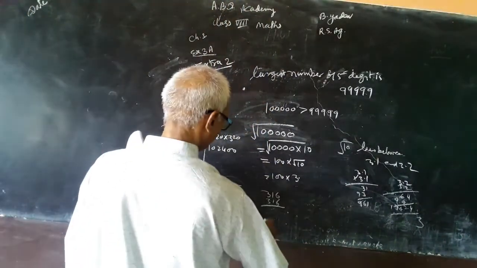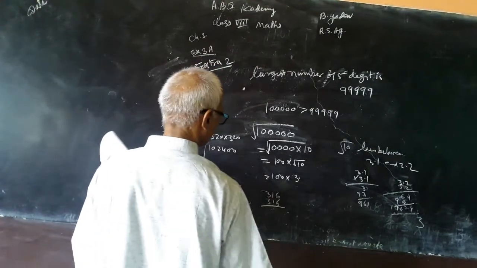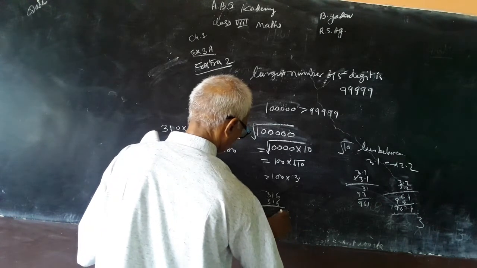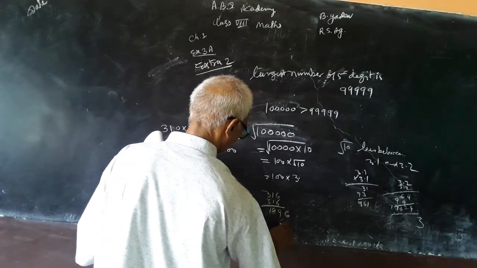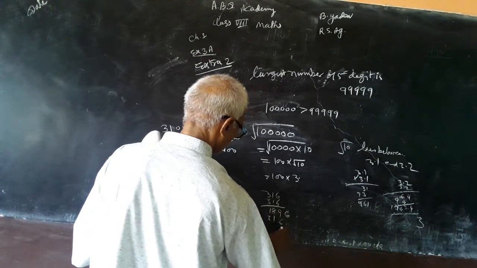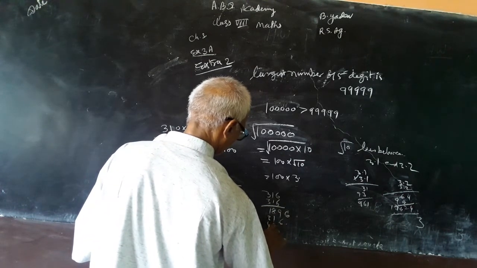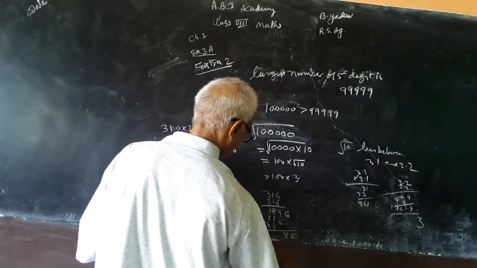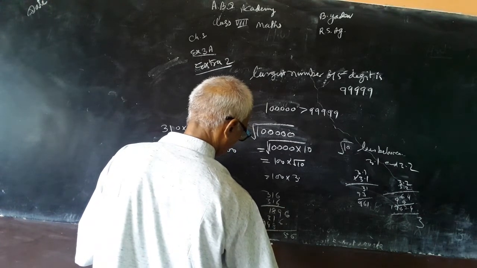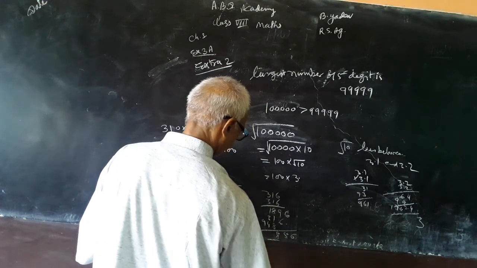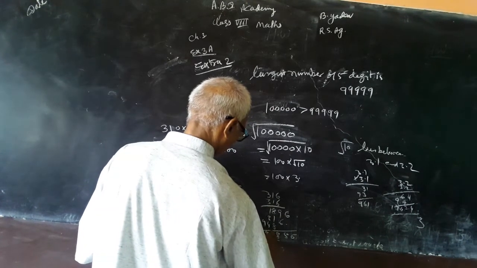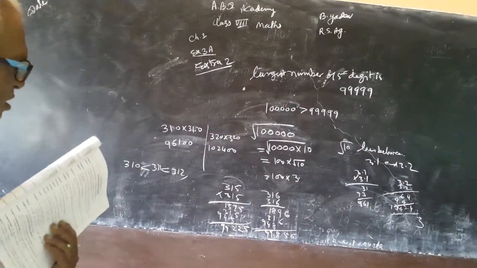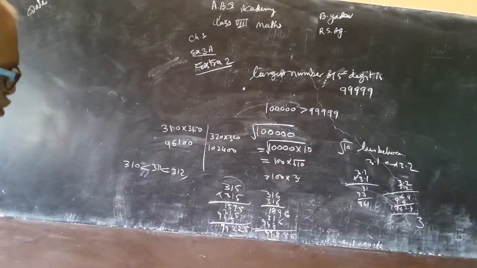Here see, many operations will be done. 316 into 316: 6 6s are 36, 6 3s are 18, and so on, and it comes 99856.